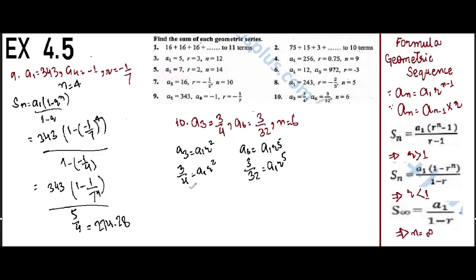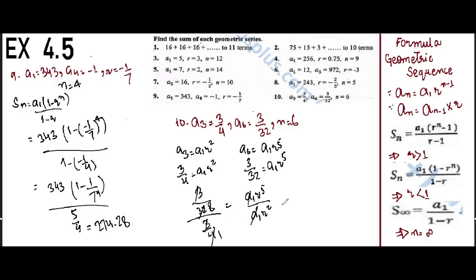Now let's divide both of these. So we have 3 by 32, whole divided by 3 by 4, equal to a1 r raised to the power 5, whole divided by a1 r squared. A1 cancels with a1. Now we have 3 by 32 and 3 by 4. 3 cancels with 3. 4 ones are 4 and 4 eights are 32.